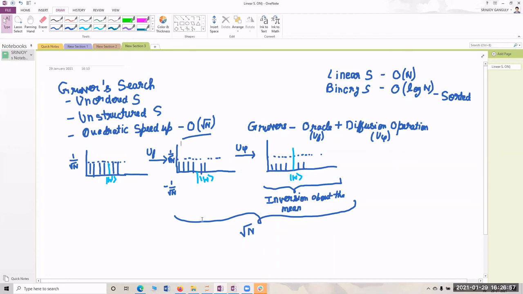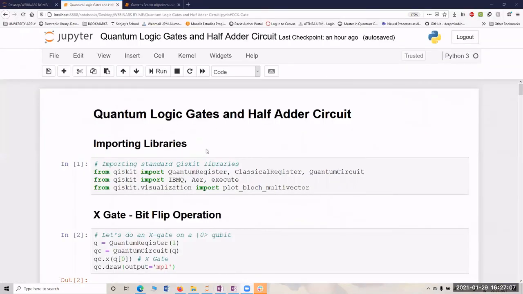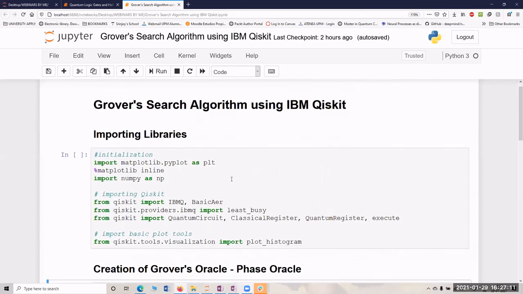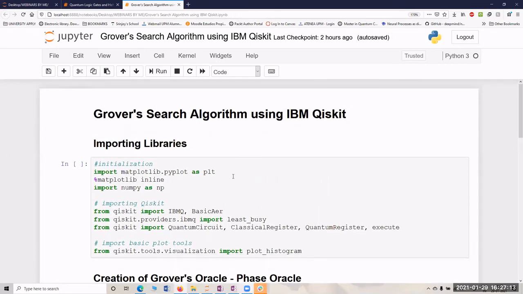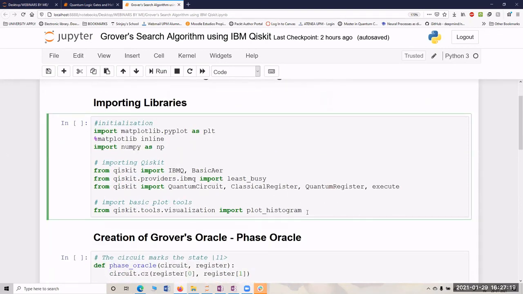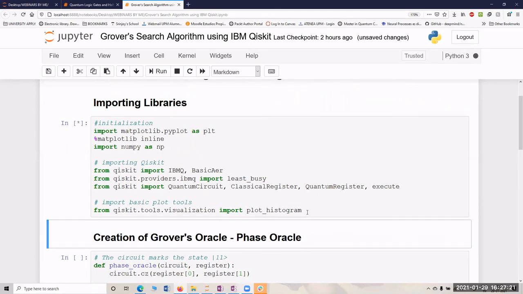Let us now move on to the implementation of Grover search. So here I have it ready. All right, again we start with importing all our Qiskit libraries.